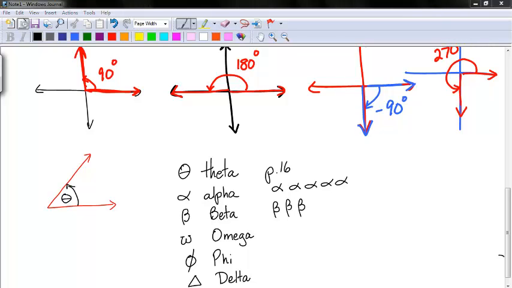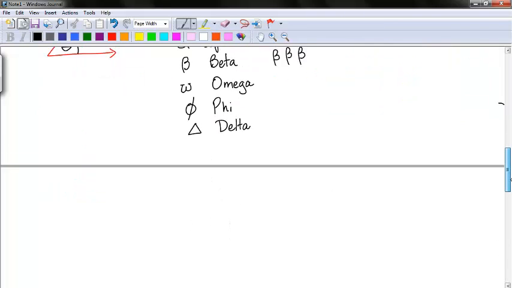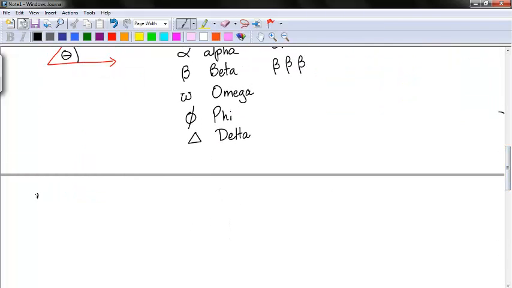The next thing the author defines is coterminal angles. Coterminal angles are angles in standard position. You'll see that phrase a bunch.